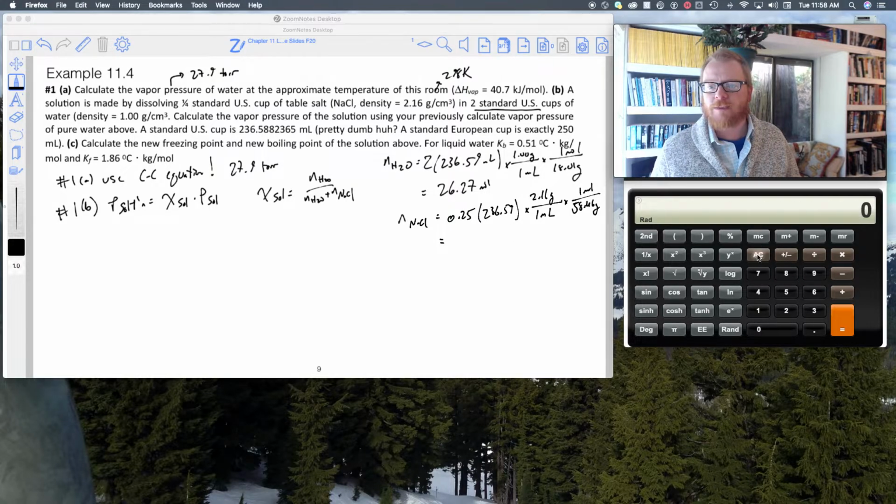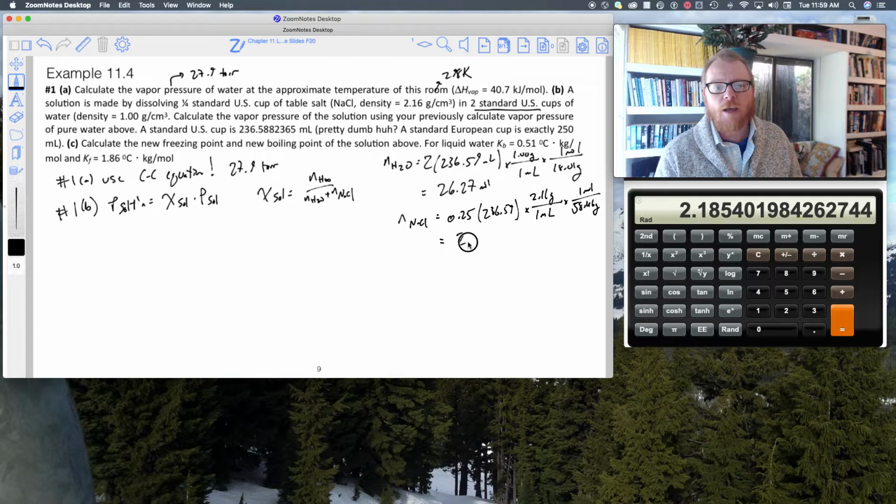Okay, so now let's see here. So that's going to be 0.25 times 236.59 equals, times 2.16 equals, divided by 58.46, and that gives me 2.19 moles of NaCl.